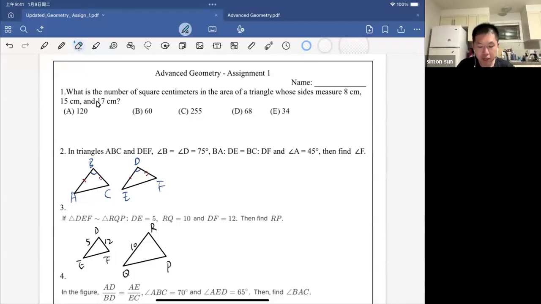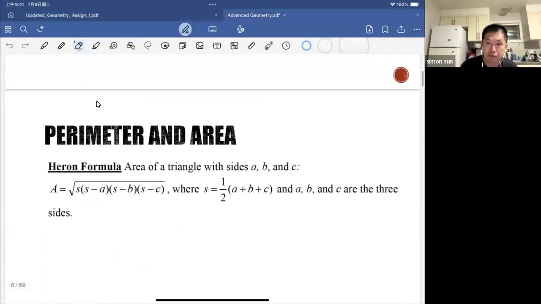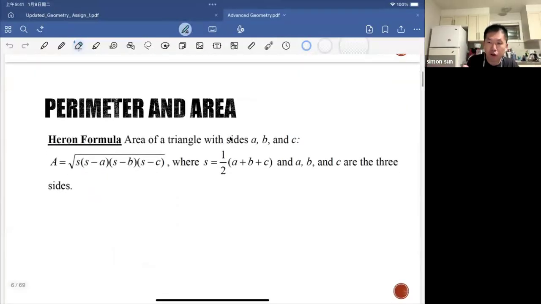So before we take a look at assignment one, why don't we take a few minutes for a quick review of what we learned in the last class. First, we learned about Heron's formula. With Heron's formula, we can calculate the area of any triangle if we know its three sides.